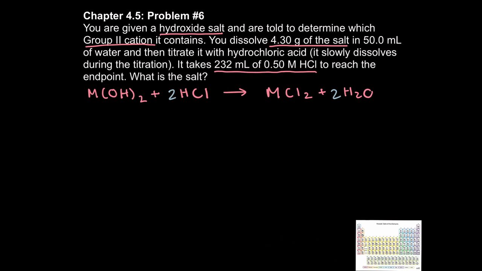Okay, now we are ready to begin dimensional analysis. Let's begin with 232 milliliters of hydrochloric acid. We will convert this into liters of HCl, as there are 1,000 milliliters in 1 liter.